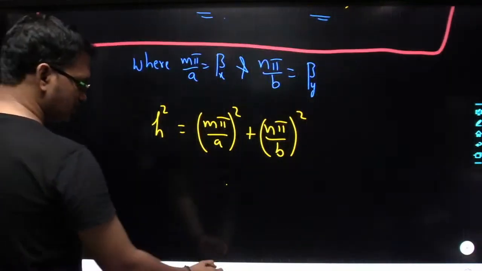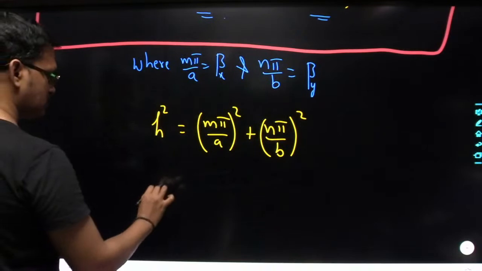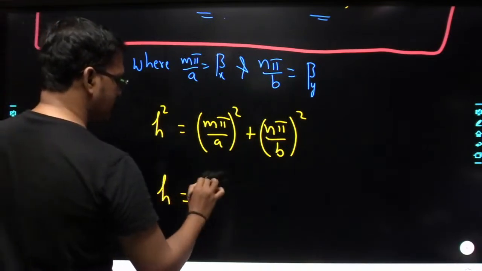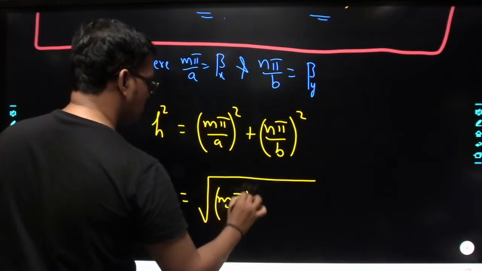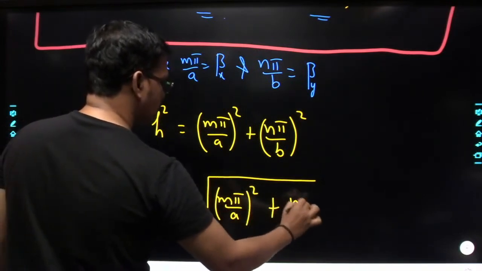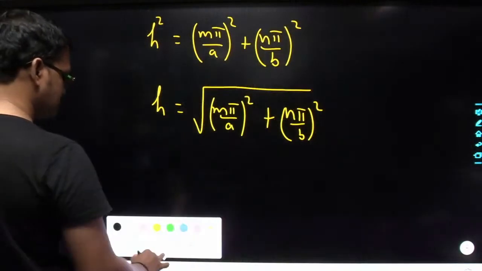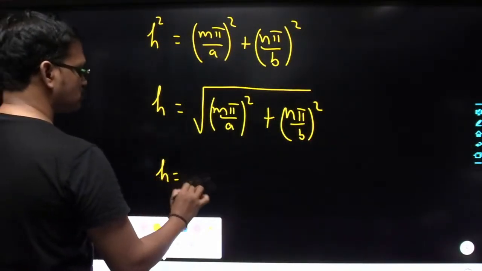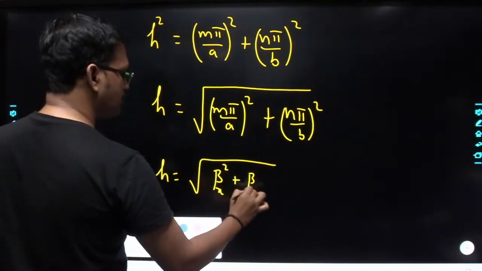I am not going to derive all these things, but you can remember this. That is, h is equal to square root of m pi by a whole square plus n pi by b whole square. Or in simple terms, h is equivalent to square root of beta x square plus beta y square.